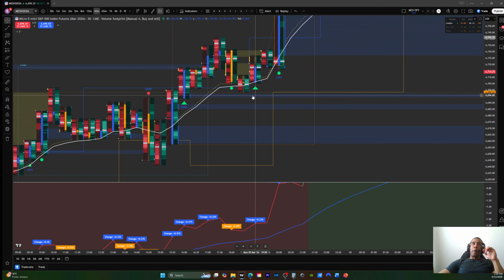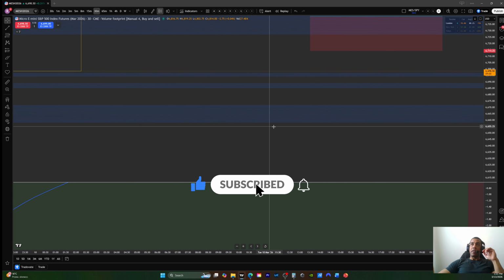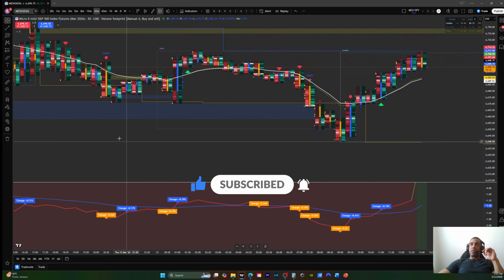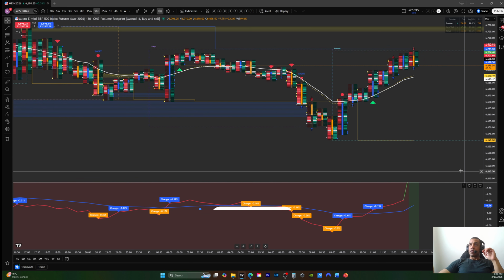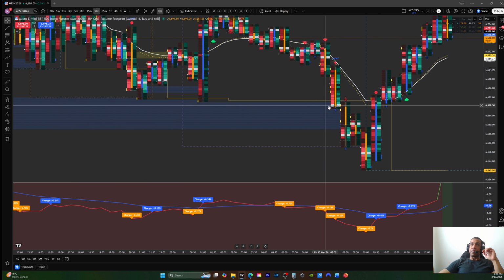But when price comes back to visit this area, which it did over here, it usually runs right through it, like it did over here.